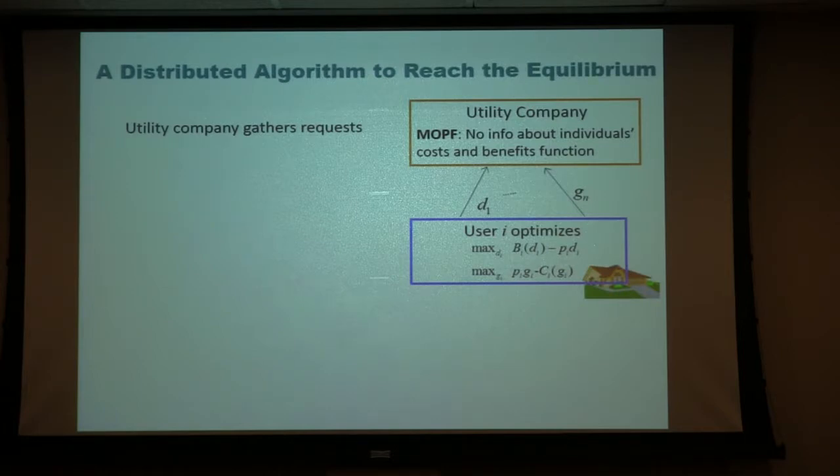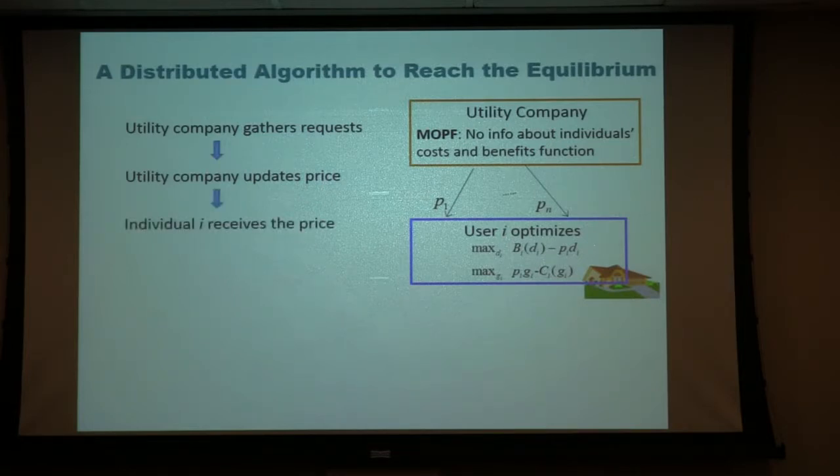Even based on this structure, you can design a distributed algorithm where the company gathers all the different requests from individual persons: how much they want to consume, how much they want to generate. The company has the data about the physical network and checks whether the network can support those requests. If not, we update the price and send it to individual users.